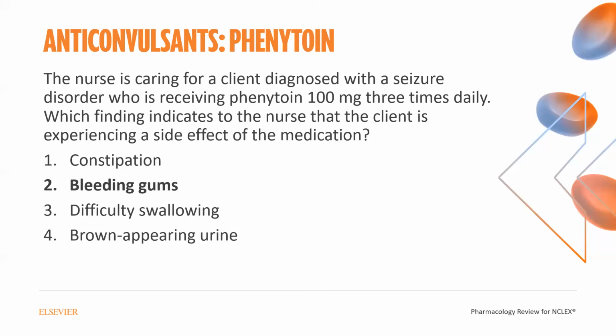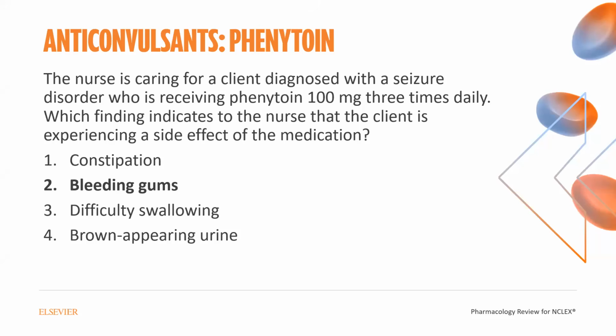And so be sure to remember this about this particular medication. Constipation and difficulty swallowing are not side effects of this medication and are not associated with this medication. Sometimes the urine may appear pink, red, or a red-brown color while they're taking this med, but this is a usual occurrence and not necessarily a side effect of the medication.